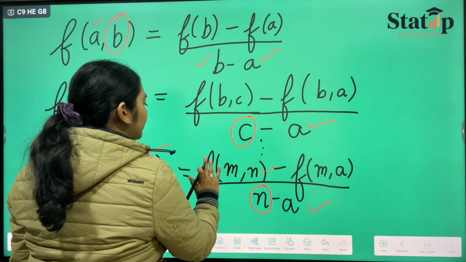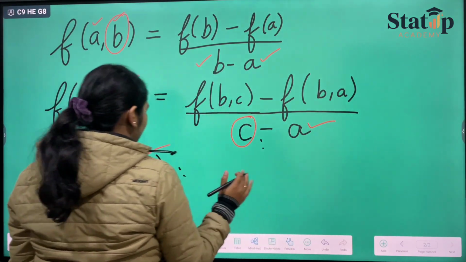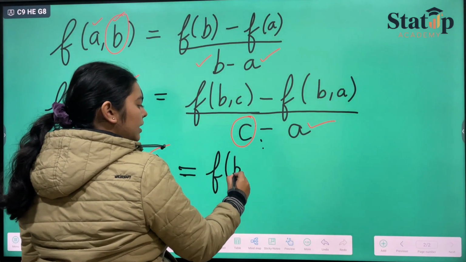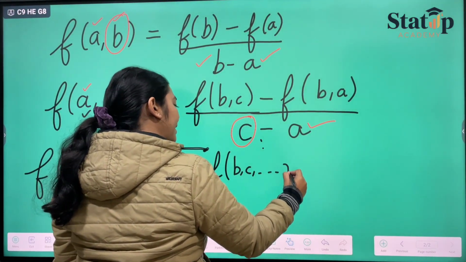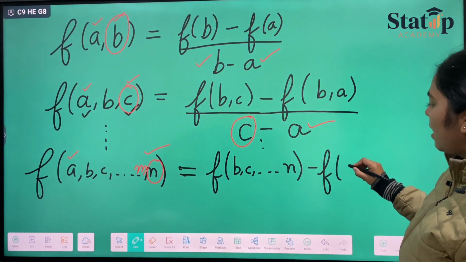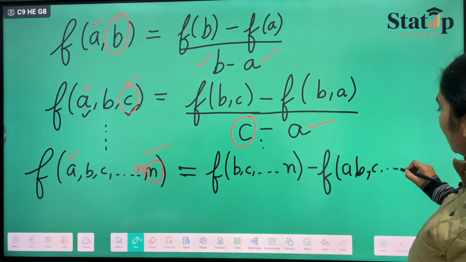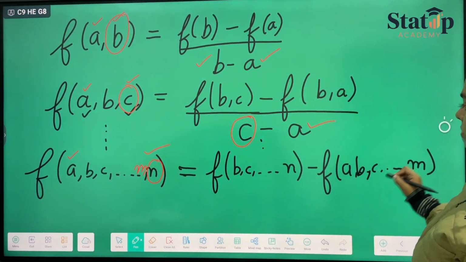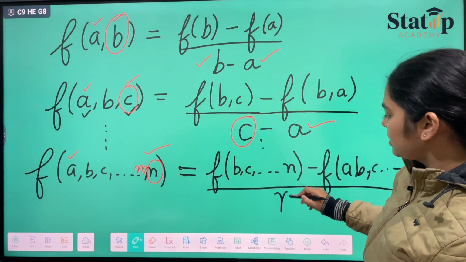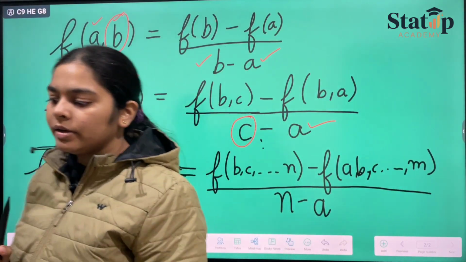Here, if I write it clearly, in expansion form it will be written equal to f of, we'll start with b, c up till m, n, the last term, minus f of, we'll start with a up till a, b, c up till the second last term m, and we'll divide it by the last term minus the first term. So exactly this would look like this.